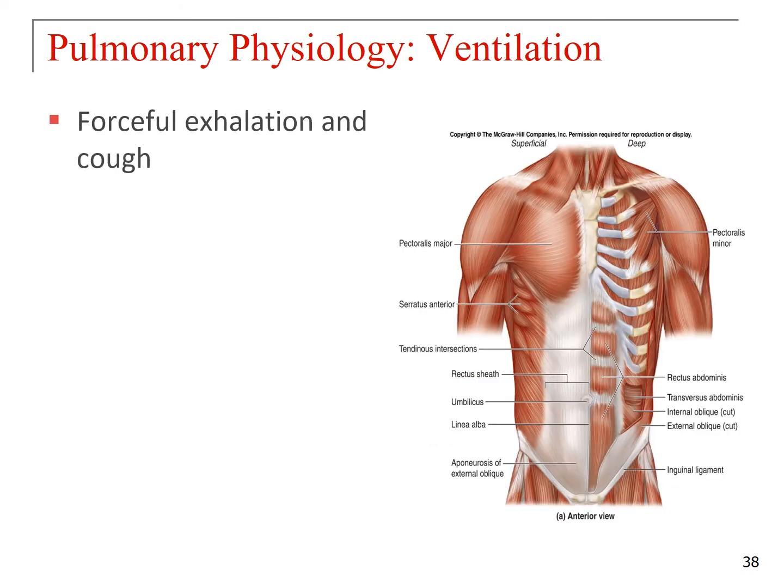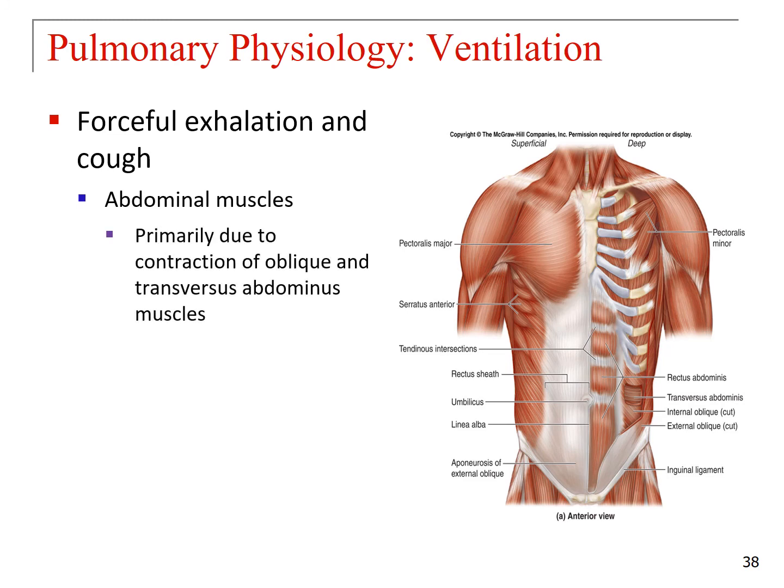Okay, so forceful exhalation and cough is going to be driven basically by two major muscles. They're going to be some of the abdominal muscles, and these are going to be the obliques and the transversus abdominis muscles. So basically what you're trying to do here, beyond the elasticity of the lungs and the surface tension assist, is generate a greater degree of pressure in the lungs.